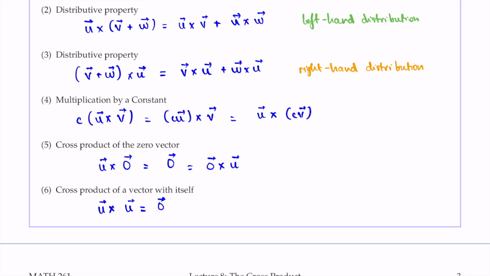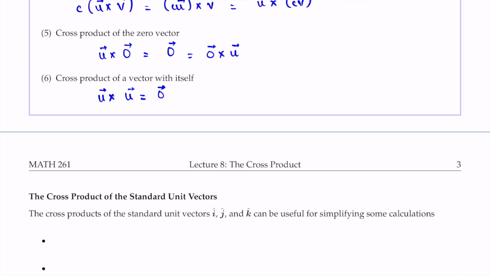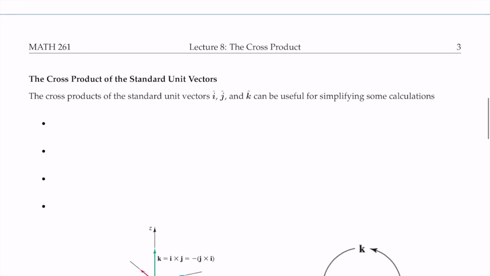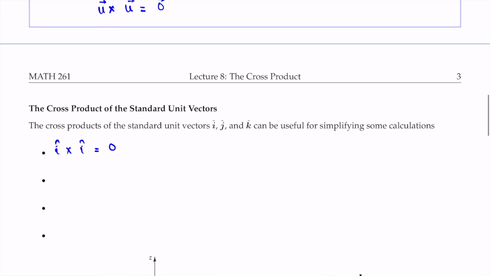Now we're going to do some cross products on the standard unit vectors. Again, the standard unit vectors consist of three vectors, i, j, and k, because we are considering three-dimensional vectors only. The cross products of the standard unit vectors i, j, and k can be useful for simplifying some calculations. And you have that i hat crossed with itself is equal to 0.